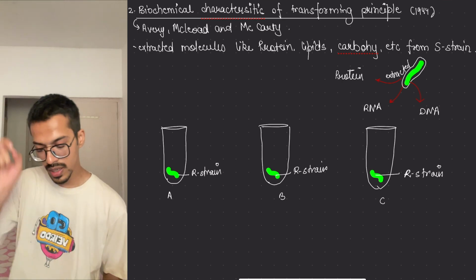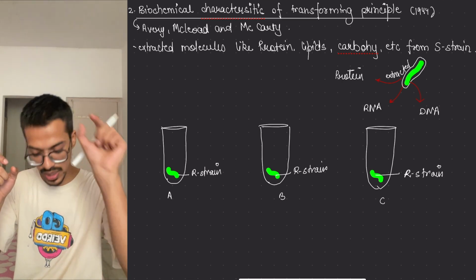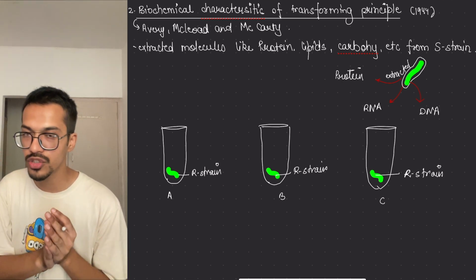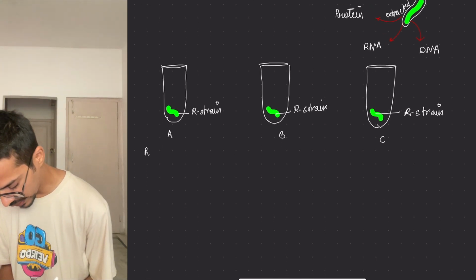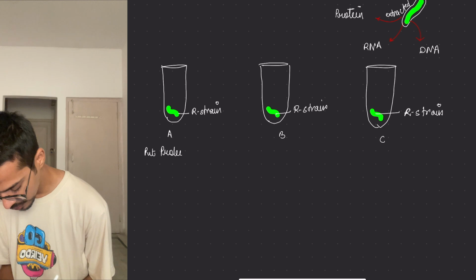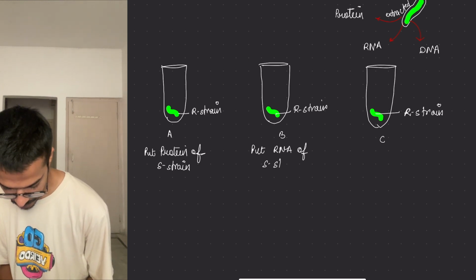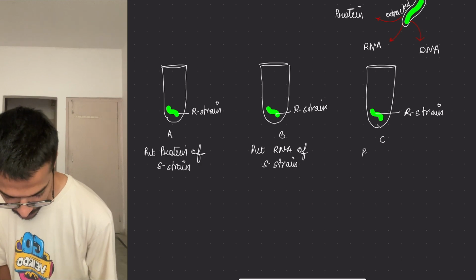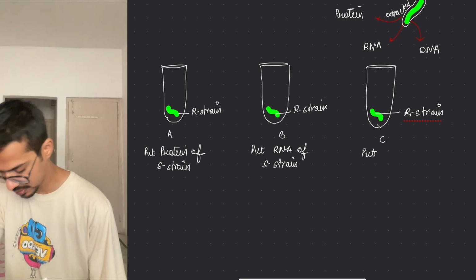Now I took the extracted things from the S strain one by one and put them in, to see whether they will change or not. In the first, I put protein of S strain. Then I put RNA of S strain. Wait, let's go back.